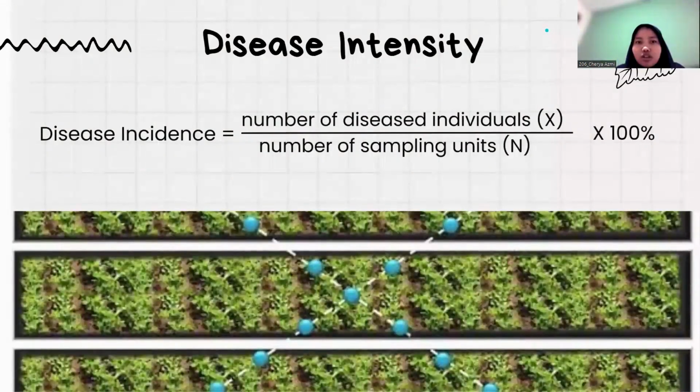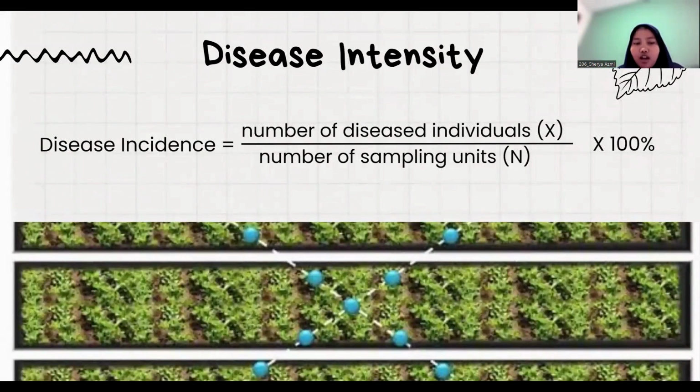And then about disease incidence, it can be calculated using existing formulas.